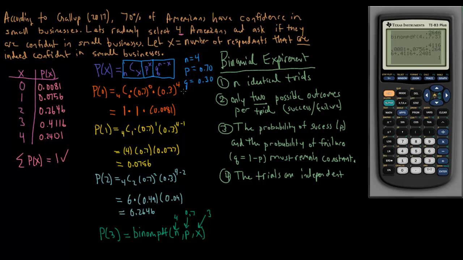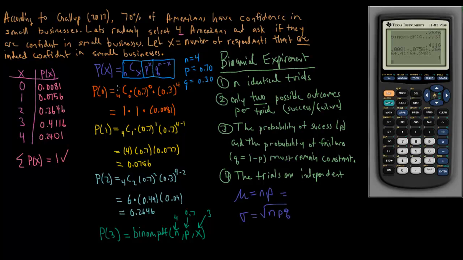Now, remember, I told you there were going to be some easier formulas. Here they are. If you are in a binomial distribution, mu equals NP. Super easy. Sigma, the standard deviation, equals the square root of NPQ.